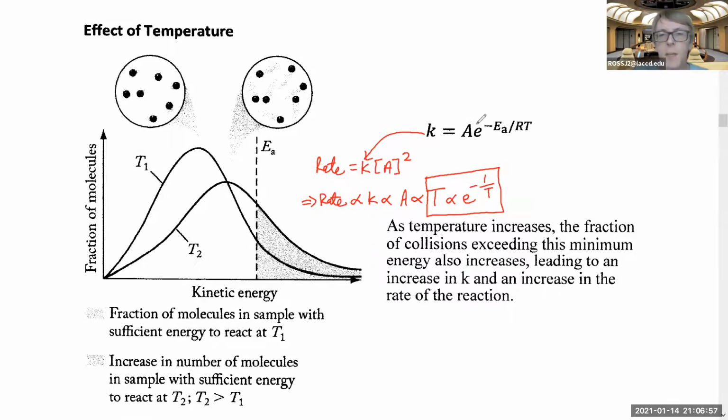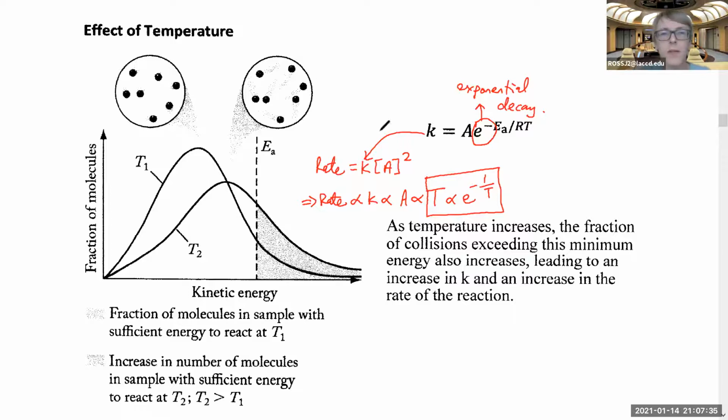So e to the minus, this is an exponential decay, which essentially means that this thing decays. Now, if this is an exponential decay that's proportional to temperature, then we would expect the decay to happen quicker with temperature. And as temperature gets larger down here, the decay is going to be less.